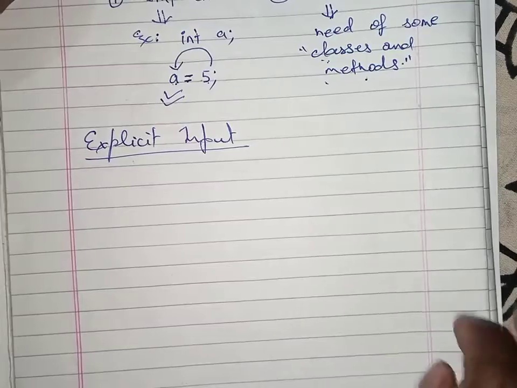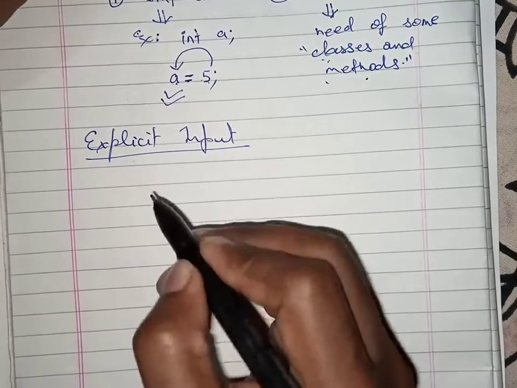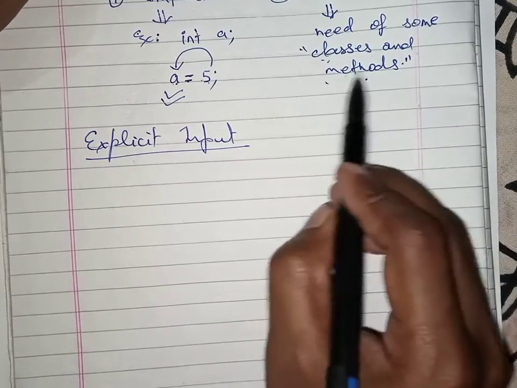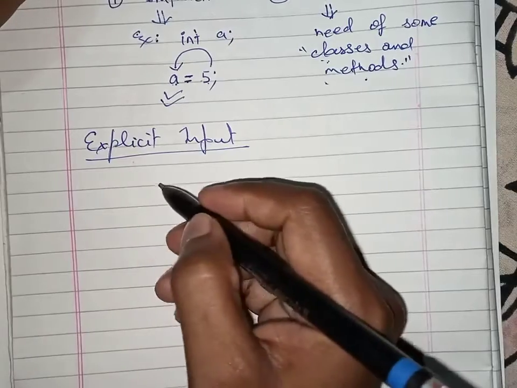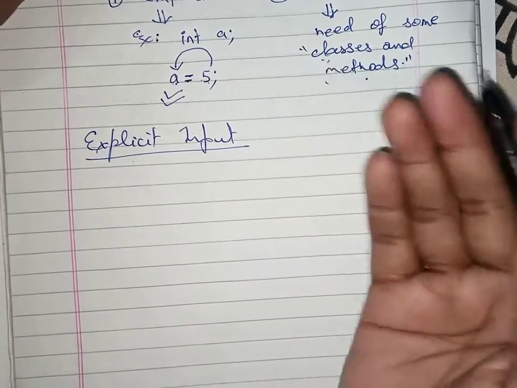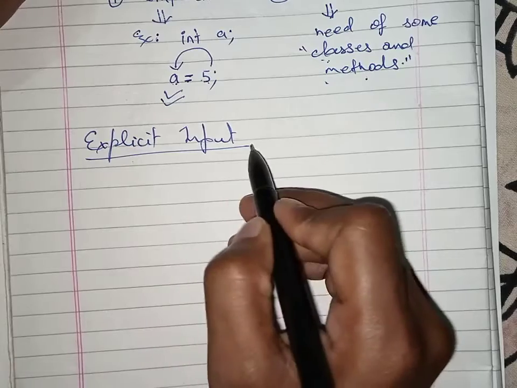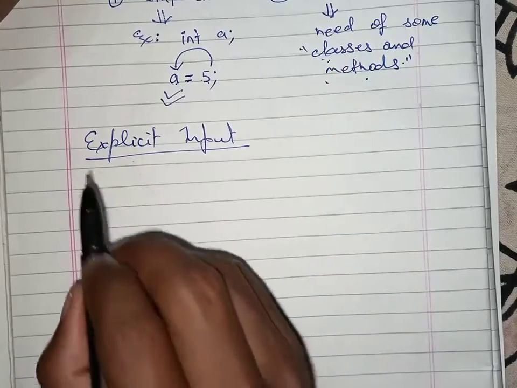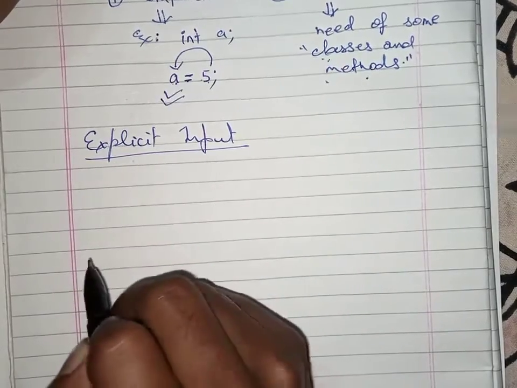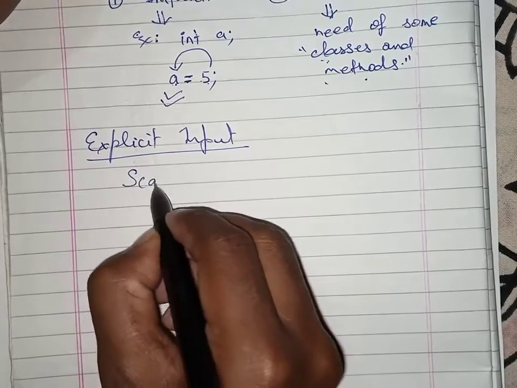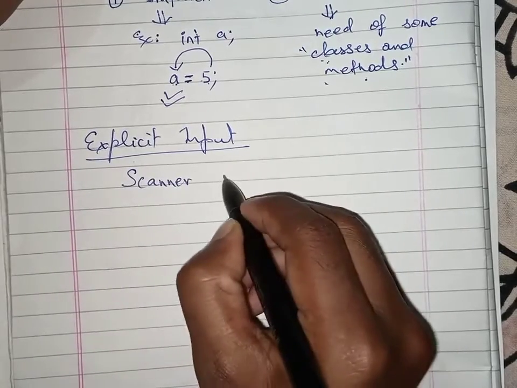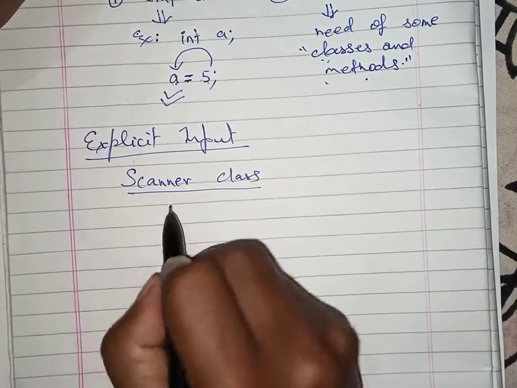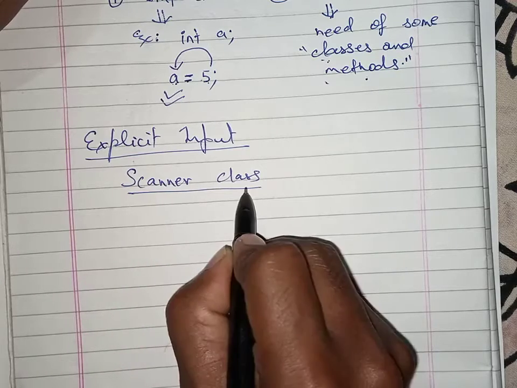If you want to take explicit input, then as you can see, there is need of classes and methods. There are many classes and their methods to perform explicit input operations, but we will see only one class, and that is the Scanner class.